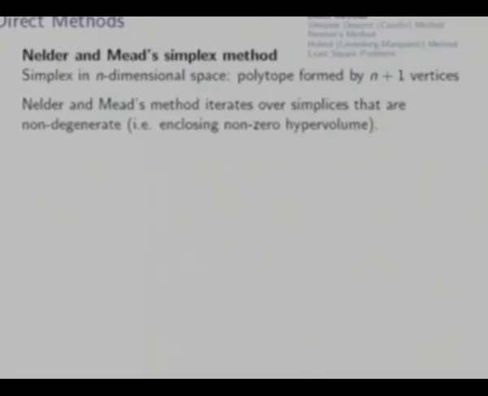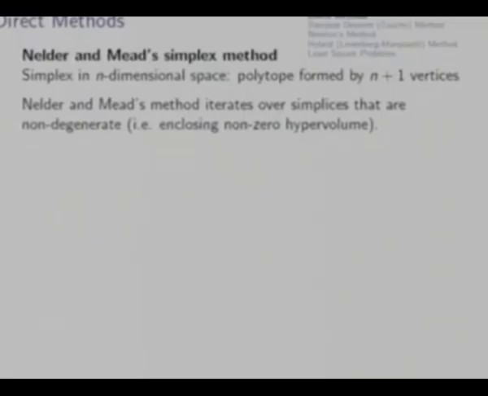So, a triangle is a simplex in two-dimensional space, that is a plane. A tetrahedron is a simplex in 3-dimensional space, and in n-dimensional space a polytope formed with n plus 1 vertices is a simplex. Now, Nelder and Mead's method iterates over simplices that are non-degenerate.